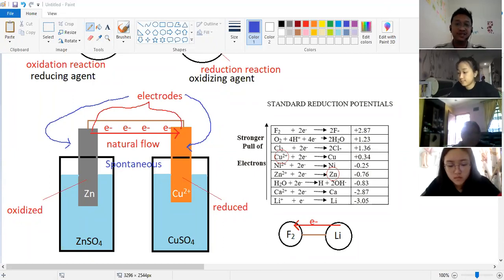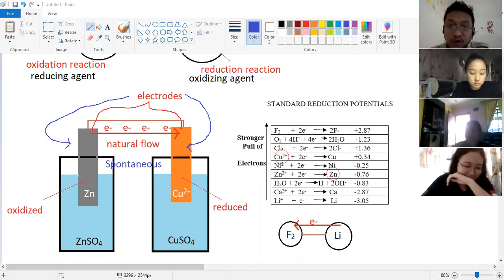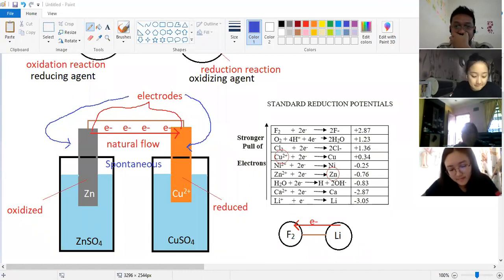How about the one where the material is reduced? What do you call that? Okay, we have from Jeshlyn. According to Jeshlyn, it is called cathode.